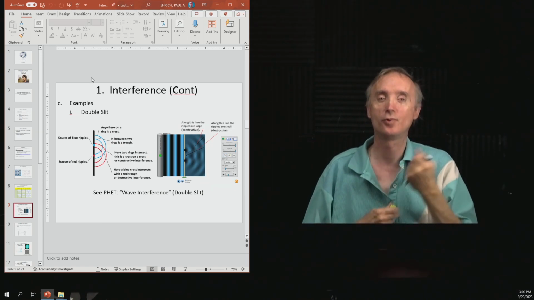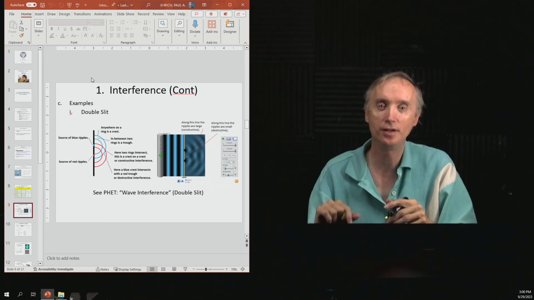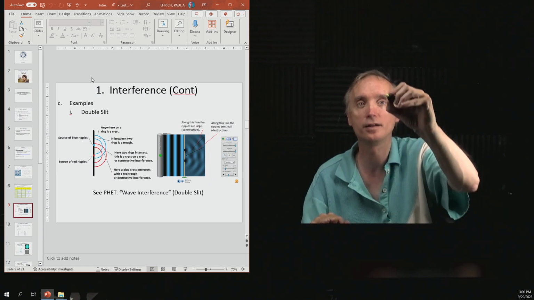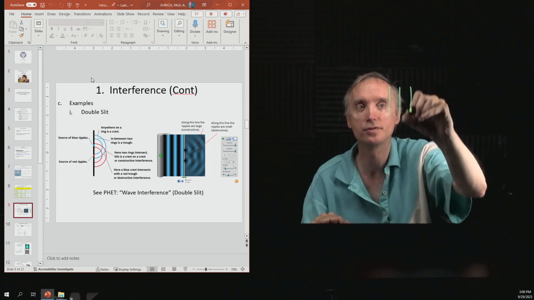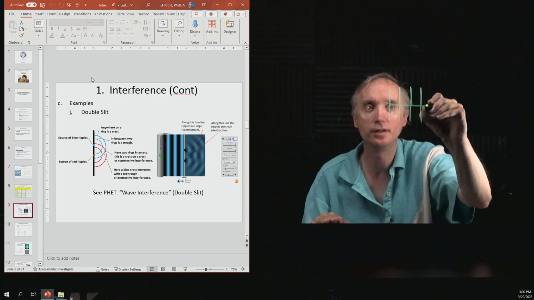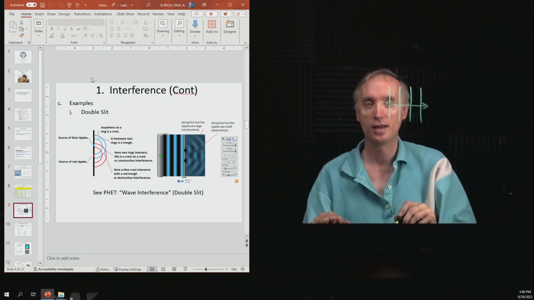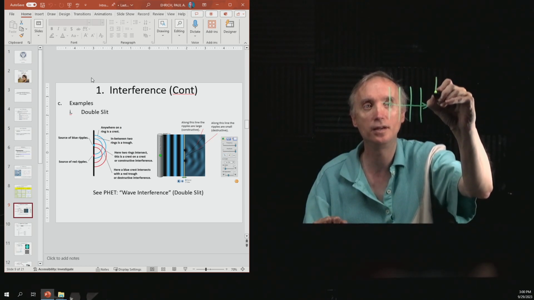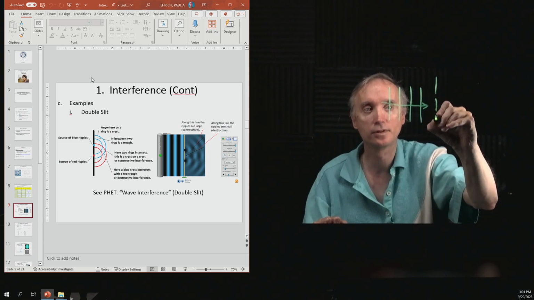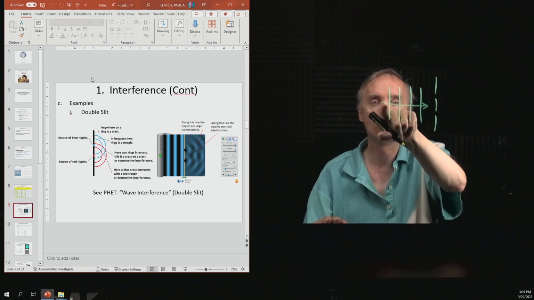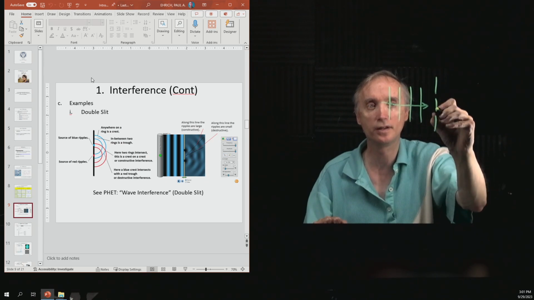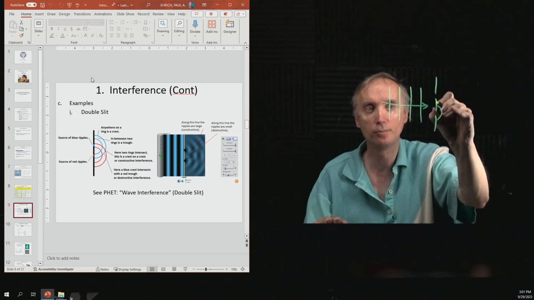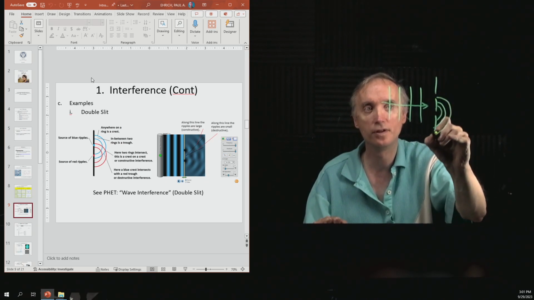All right, where were we? Okay, so this one here is you've got a series of light waves that are coming in this direction. And then what it's going to do is it's going to hit a slit. So as this wave travels through the slit, it's going to make ripples that are going to do this.